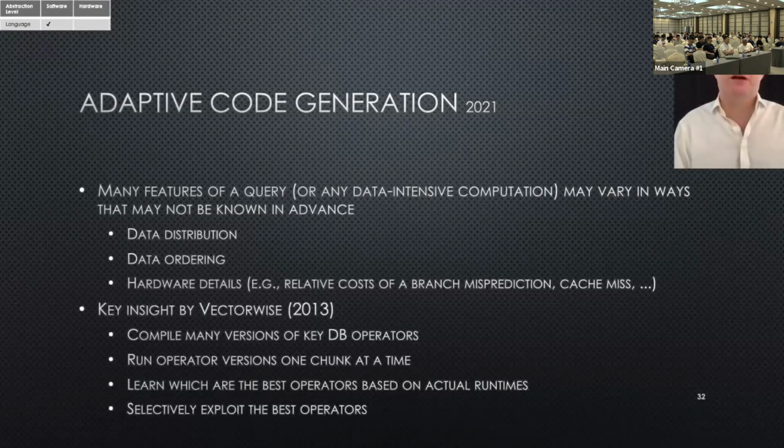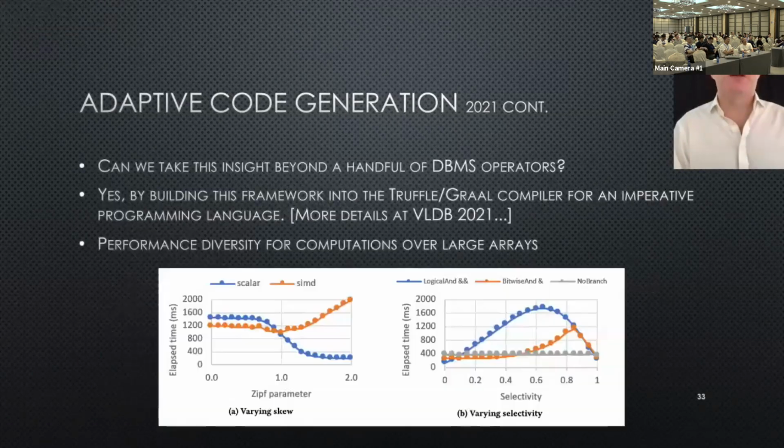So instead of optimizing based on predicted future performance using a cost model, they were using actual performance measurements. In a project that we are looking at now at Columbia, we're trying to generalize this to arbitrary programming languages.